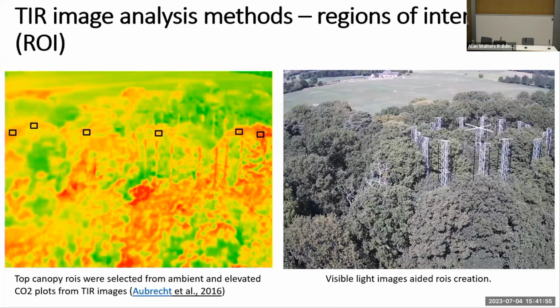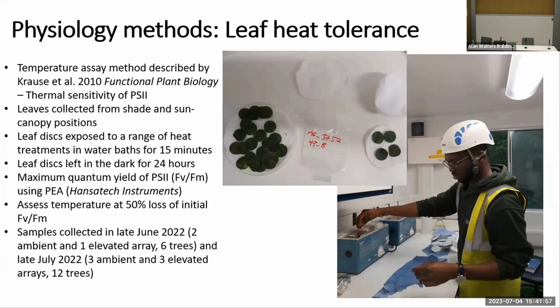In addition to that, we also did some leaf thermal tolerance measurements, where we sampled leaves from both the sun and shaded canopy. We did this in June and July because we wanted to compare how the thermal tolerance changes with time.